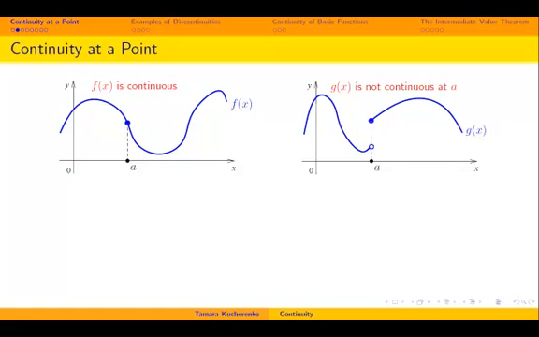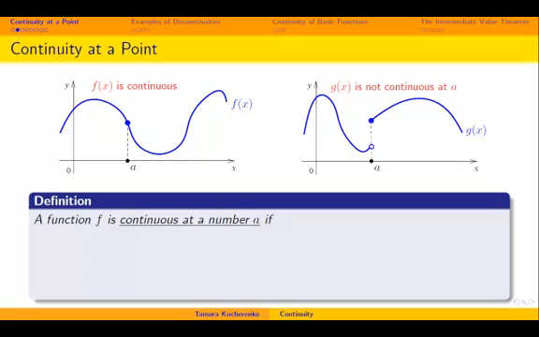This suggests the following definition of continuity in terms of limits. A function f is continuous at a number a if the following three conditions hold.